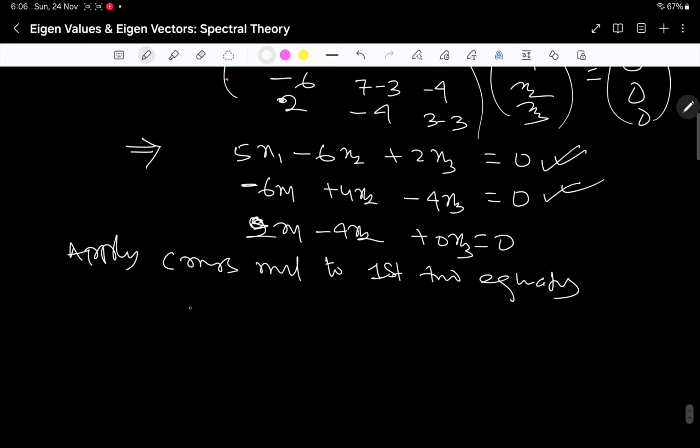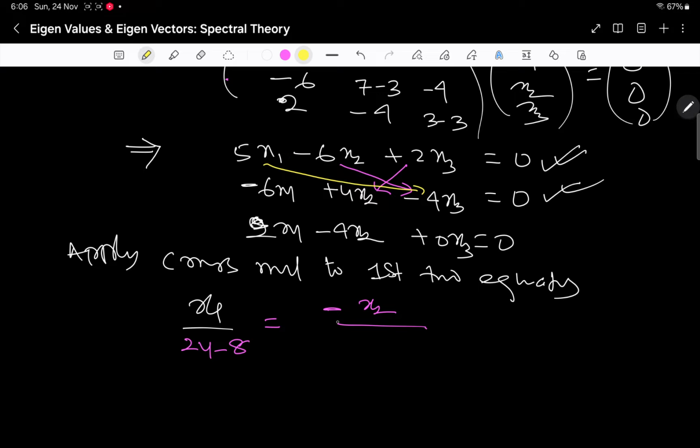We get x1 divided by: this into this minus this into this, it is 6 times 4 is 24 minus 4 times 2 is 8. The middle one will be minus x2 divided by: this is omitted, this minus 5 times 4 is 20, plus 6 times 2 is 12.